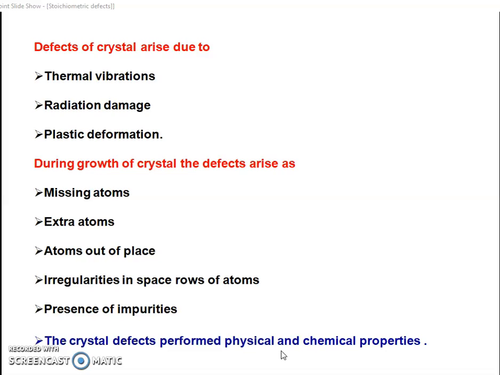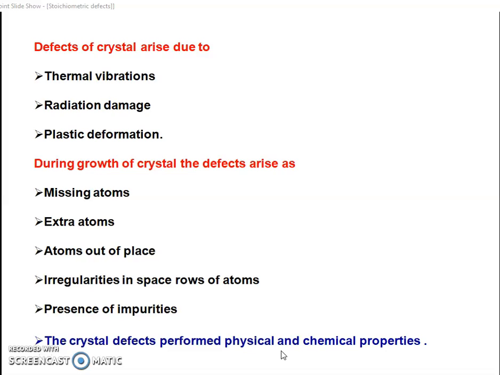Another example is the presence of vacant ion sites in the lattice. Defects show marked influence on structure-sensitive properties of great technical importance, like electrical and thermal conductivity, mechanical strength, and ductility of the crystal.